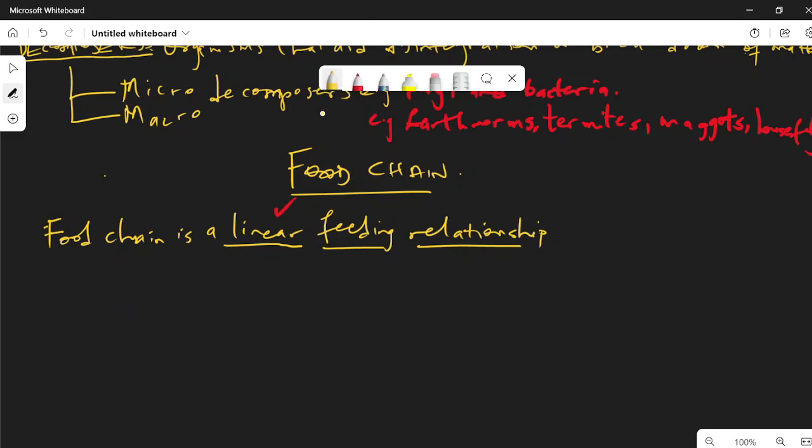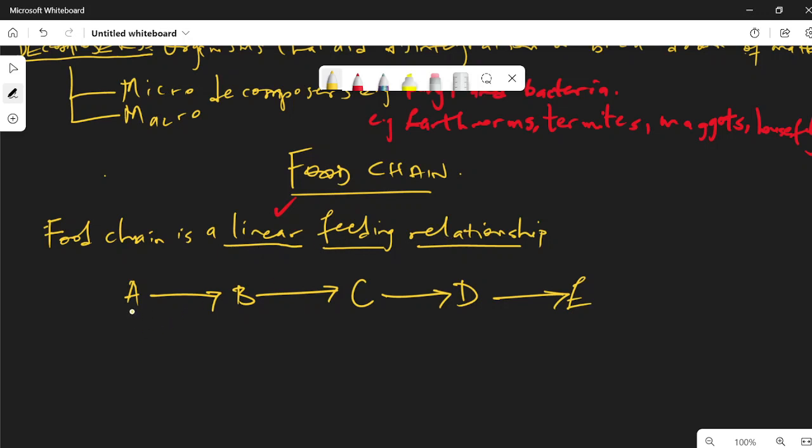Yes, sir. So we could have A going to B, going to C, going to D, and going to E. Since this is a straight line reaction, we call it a linear feeding relationship.